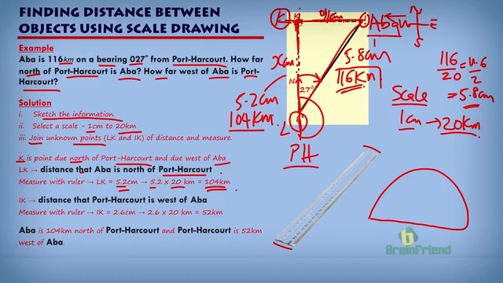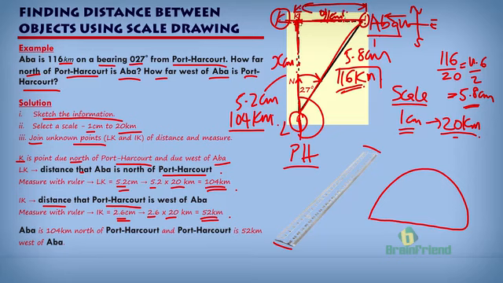Next, we'll find how far west of Aba is Port Harcourt. IK is that distance. The distance that Port Harcourt is west of Aba. We had our I here and our K here. So this distance here is what we seek. Take a ruler again and do a simple measurement. What we have is 2.6 centimeters. So we have 2.6 centimeters here. From our scale, we multiply 2.6 times 20 to give us 52 kilometers.